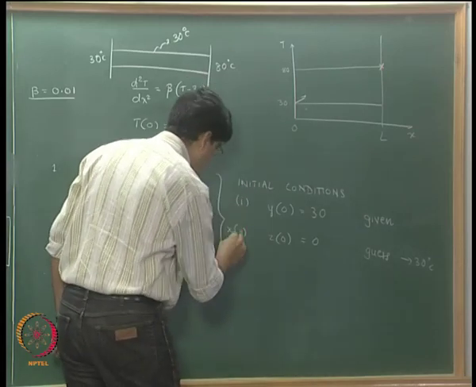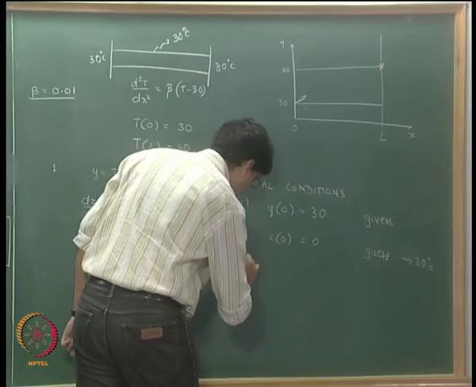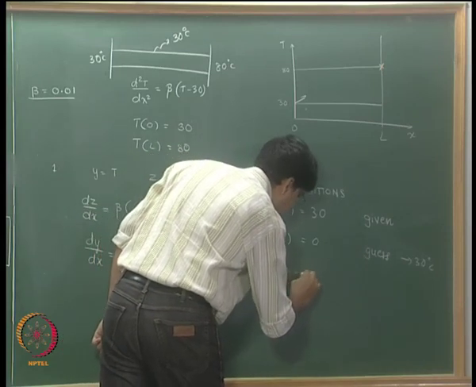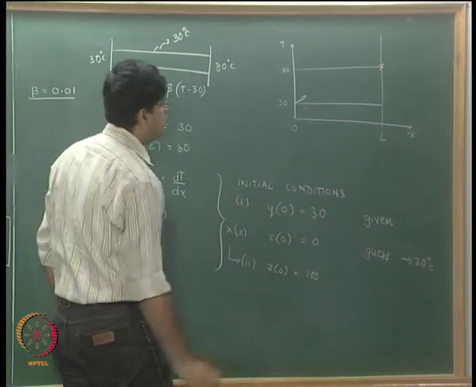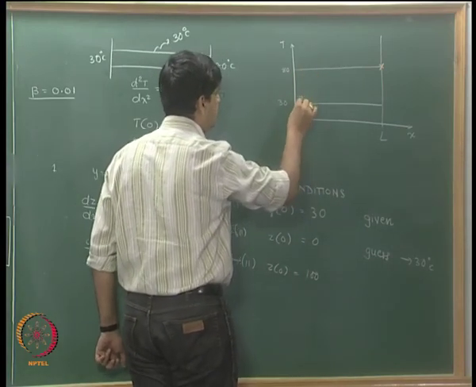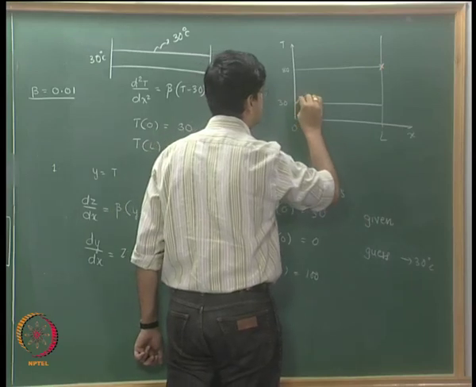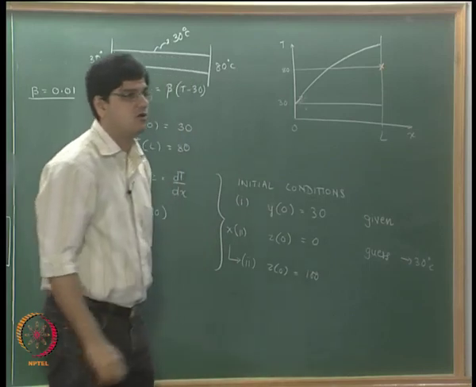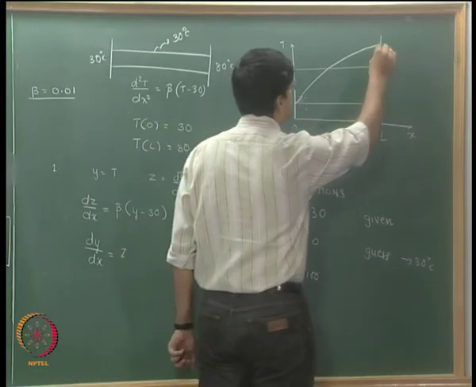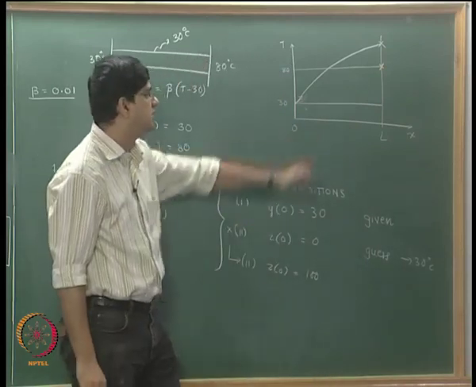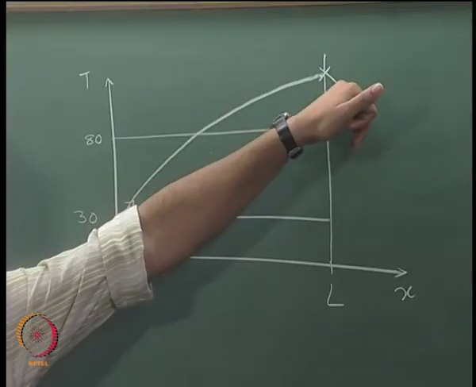Because this particular thing did not work, we are going to choose Z0 as, let us say, 100. With Z0 chosen as 100, we are probably going to get a temperature profile like this. So, what has happened here is that with Z0 equal to 100, the dart has hit above the bull's eye.